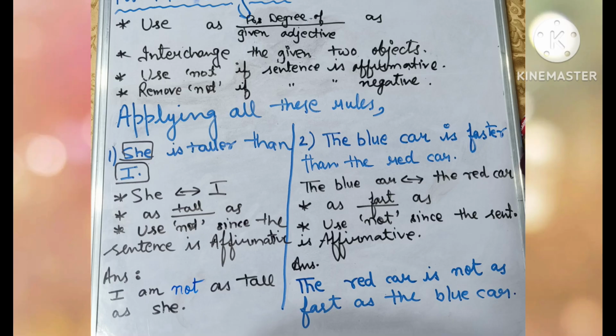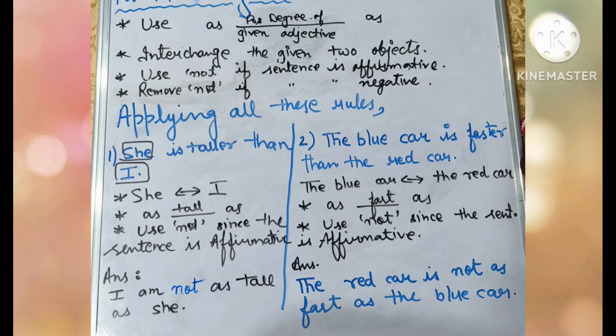But as I told you earlier, the third rule says if the sentence is positive, compulsorily you have to bring not there, right? So you have to make it negative. So our answer will be I am not as tall as she. Now why are we doing so? What if we do not write not here? If we do not write not here, the meaning will be changed. Why? Let's understand now. She is taller than I. So according to this sentence, the height of she and I is not the same, right?